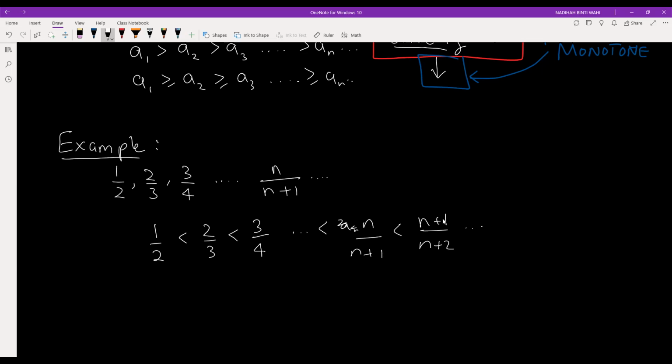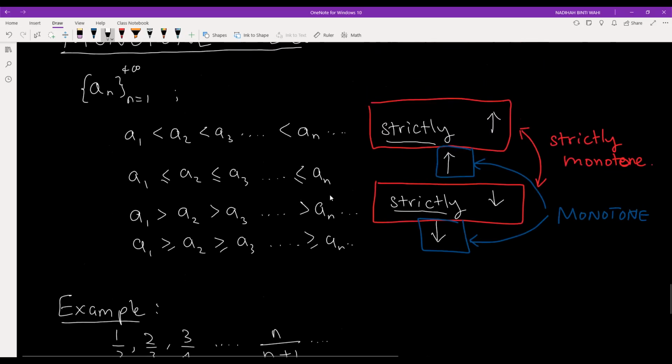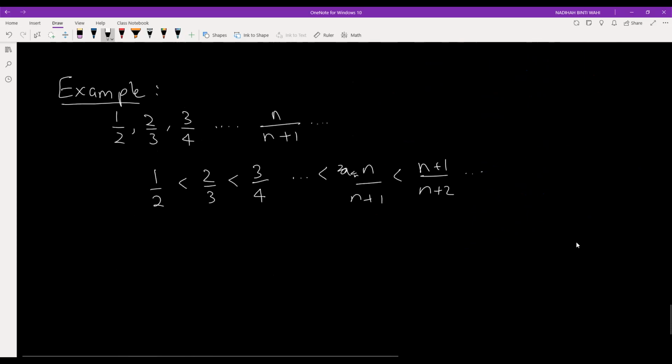Okay, so how to look at the graph? Not the graph yet. By your first definition, is it equal? No, this is not equal to.